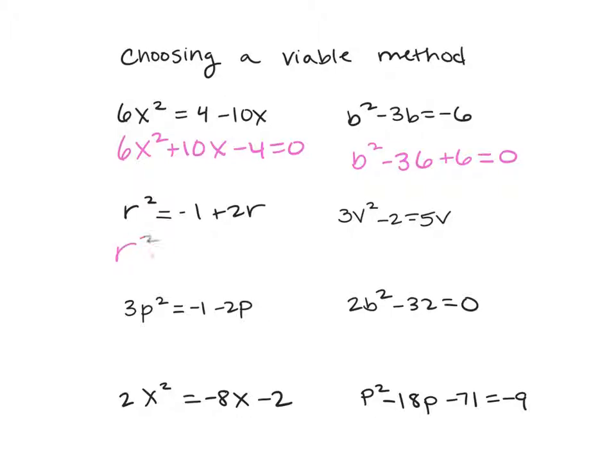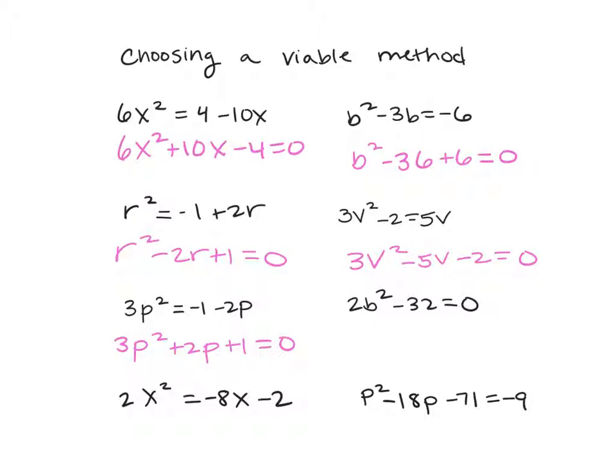Then we have r squared minus 2r plus 1. And we have 3v squared minus 5v minus 2. 3p squared plus 2p plus 1 equals 0.